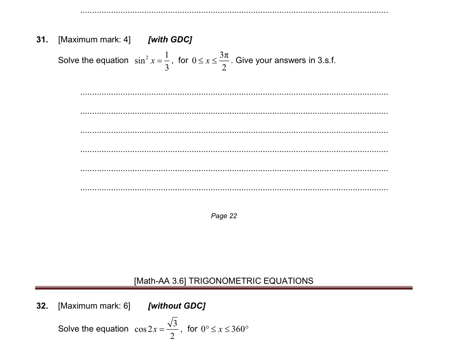Okay, so this one we've got to square root both sides. So we're going to have sine x equals plus or minus, so that's going to be in all 4 quadrants, square root of 1 over root 3. So this is not one of those special angles. That's root 3 over 2.